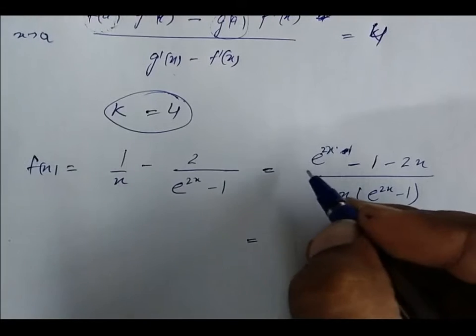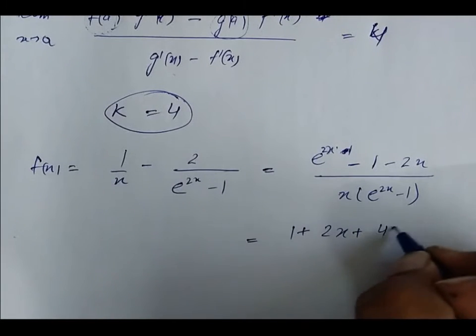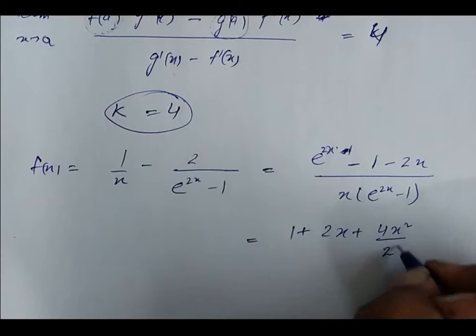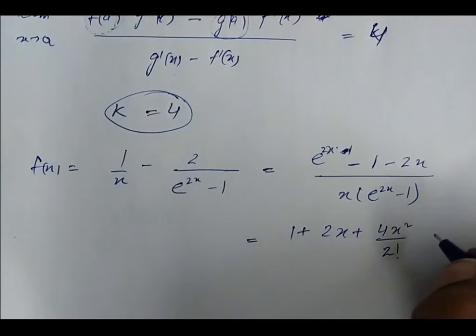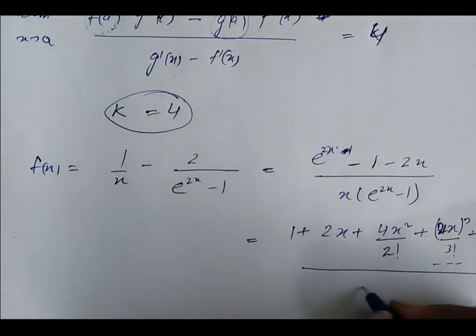using expansion we get 1 plus 2x plus 4x square upon 2 factorial plus 2x whole cube upon 3 factorial minus 1 minus 2x, and so on, over x times e power 2x minus 1.